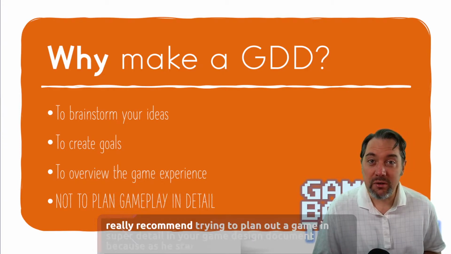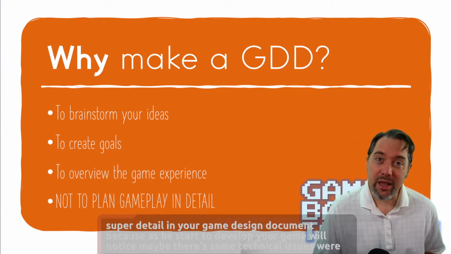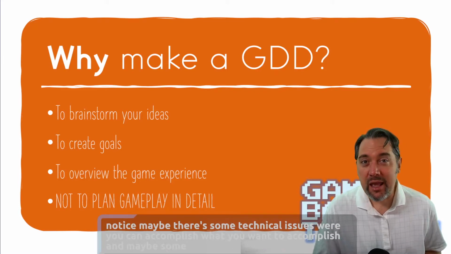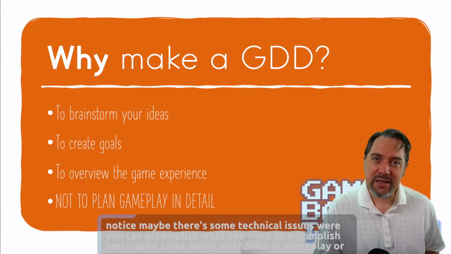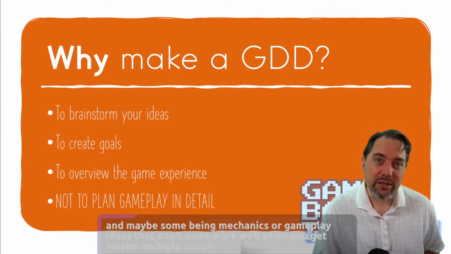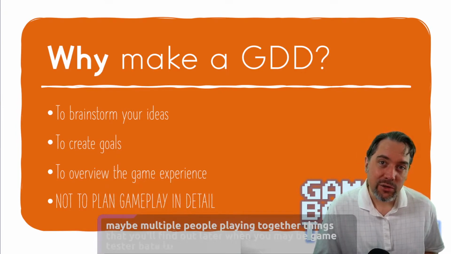Because as you start to develop your game, you'll notice maybe there's some technical issues where you can't accomplish what you want, and maybe some game mechanics or gameplay ideas that don't work well when you get multiple people playing together. Things that you'll find out later when you game test or beta test your game.